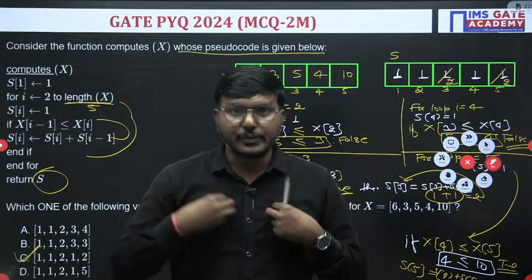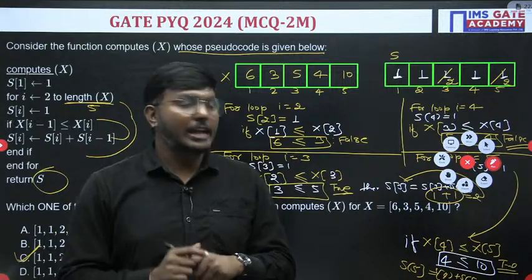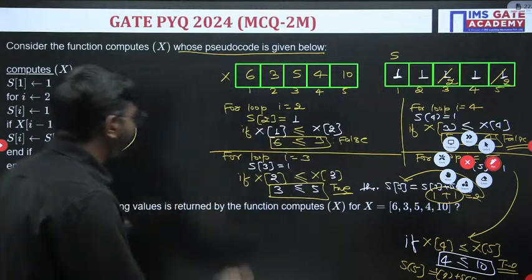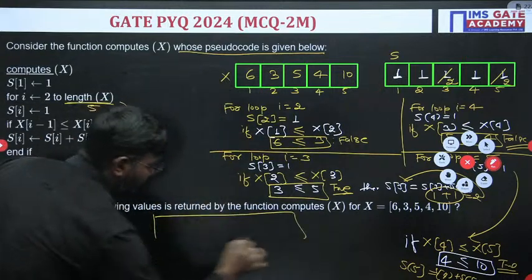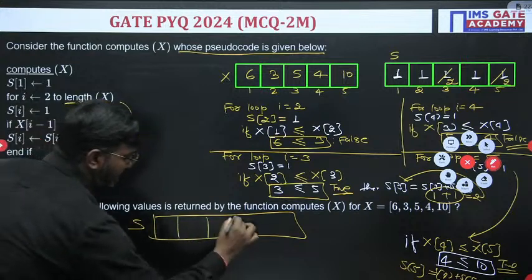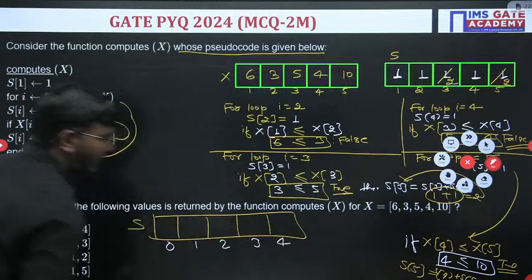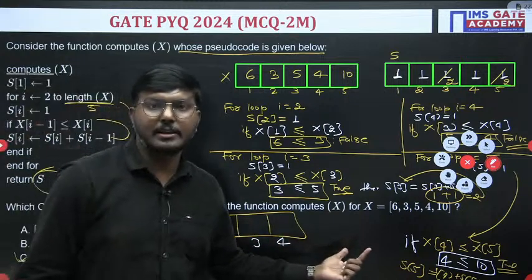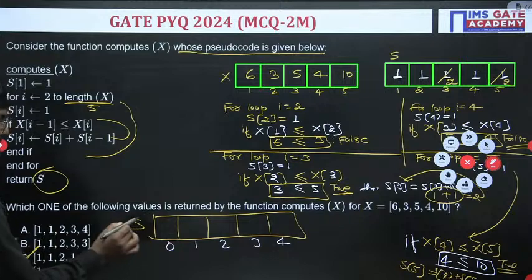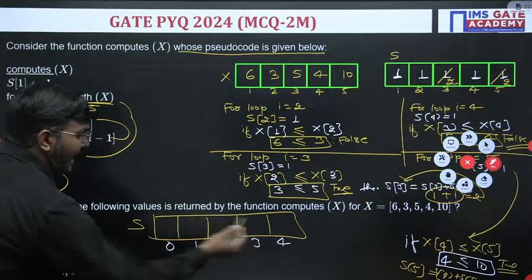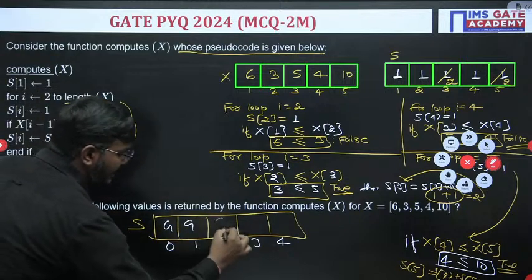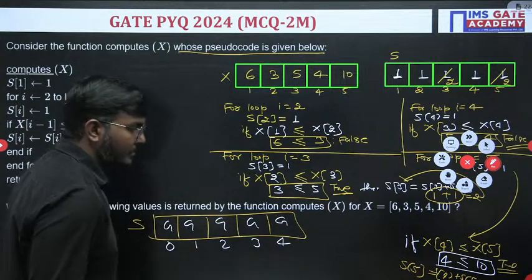So assume I am starting with array index 0. Here this is our S, with indices 0, 1, 2, 3 and 4. As per the data, initially the data of this array S will be nothing but garbage.